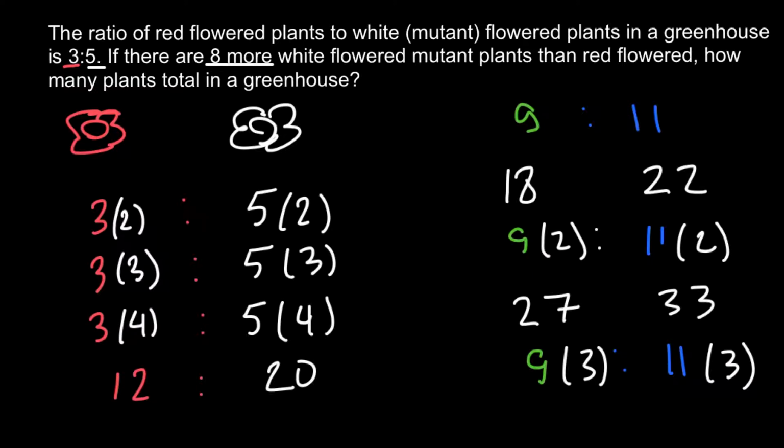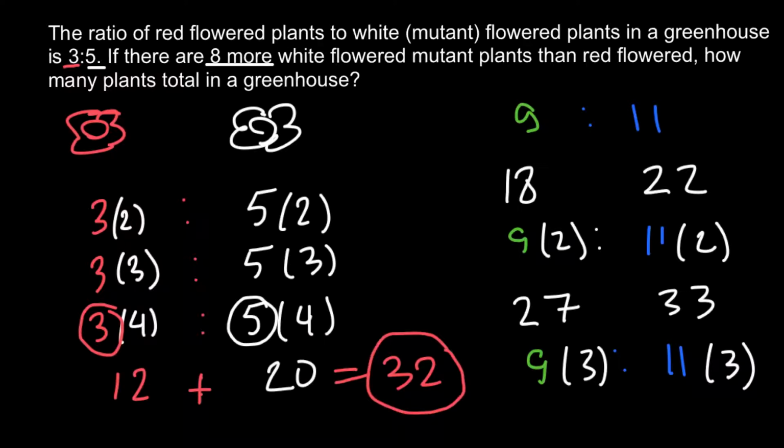As you see, we would have 8 more white flowered mutant plants than red flowered plants, and the total number would be 12 plus 20, which is 32 plants in the greenhouse. 12 of them red flowered, 20 of them white flowered, so we have 8 more white flowered plants, and we have the same ratio, 3 to 5, and the total number of plants would be 32. And this is all for today.